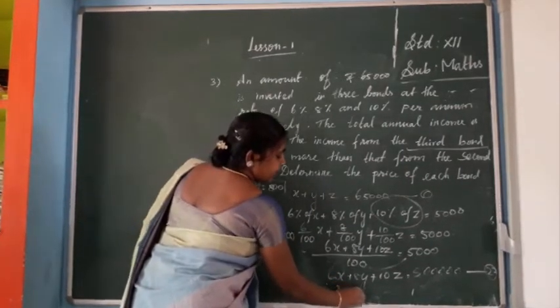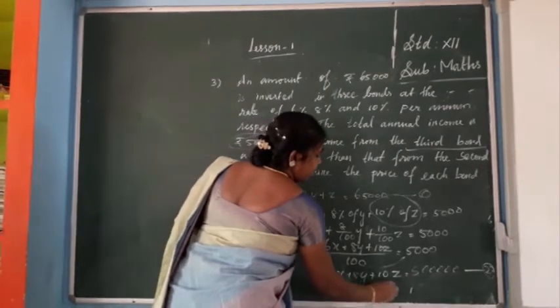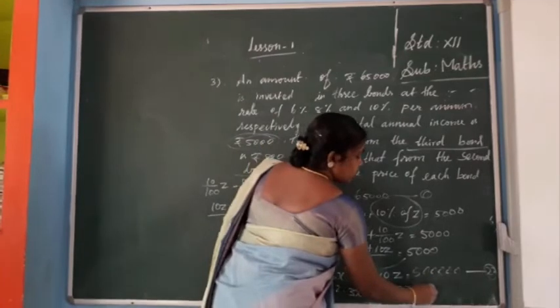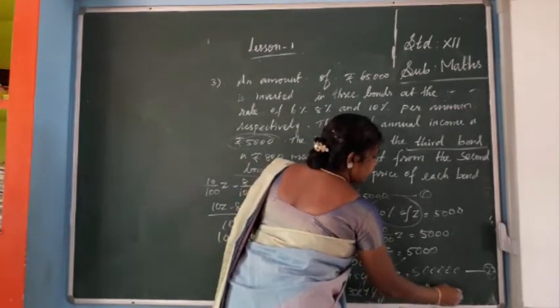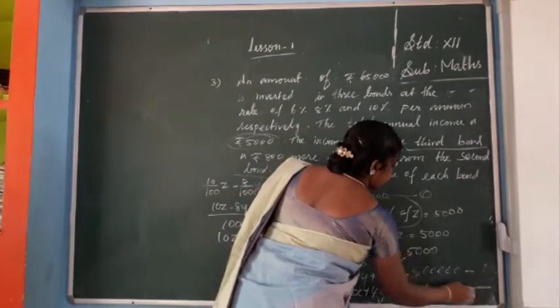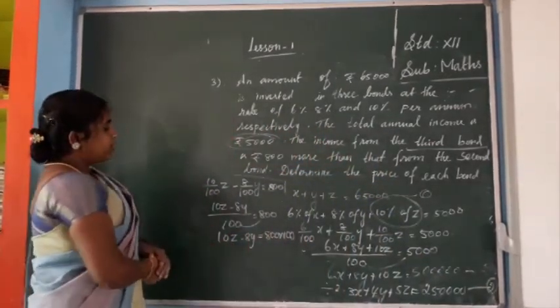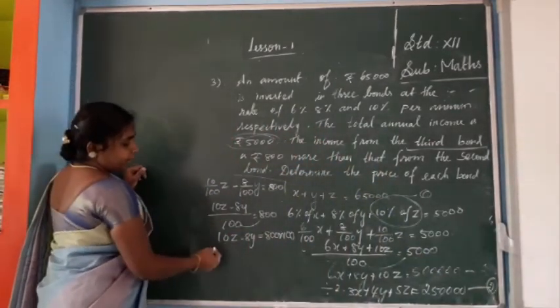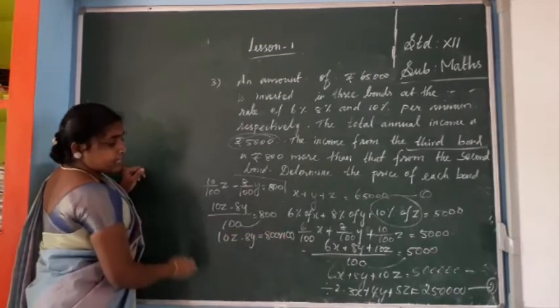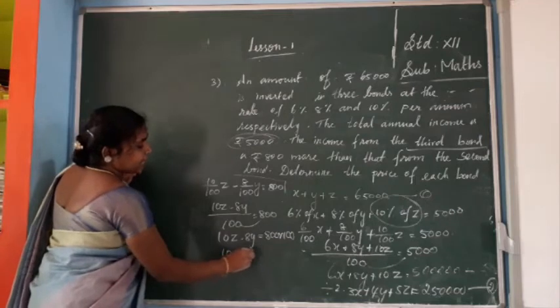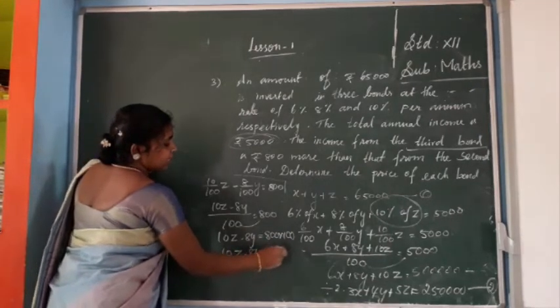When any term is common, you divide. So 800 into 100 is 80,000.